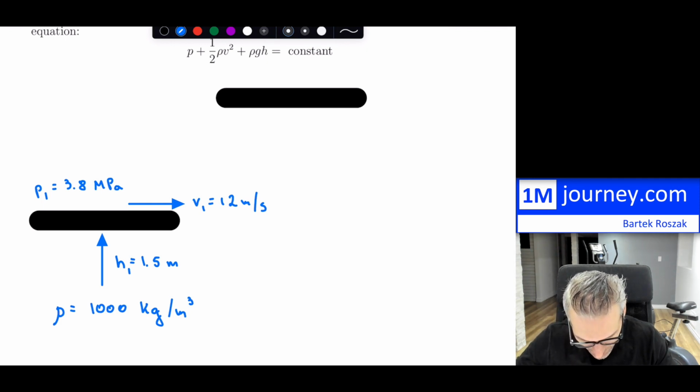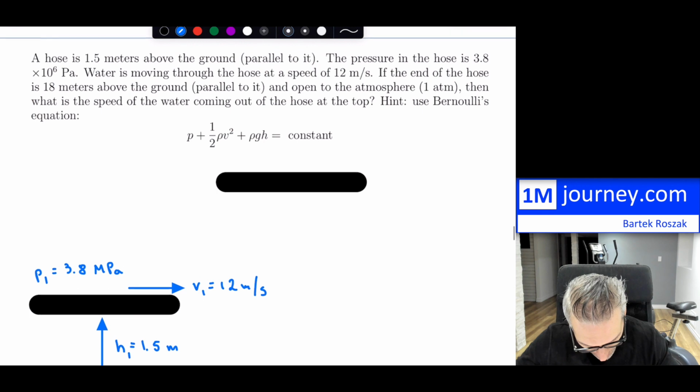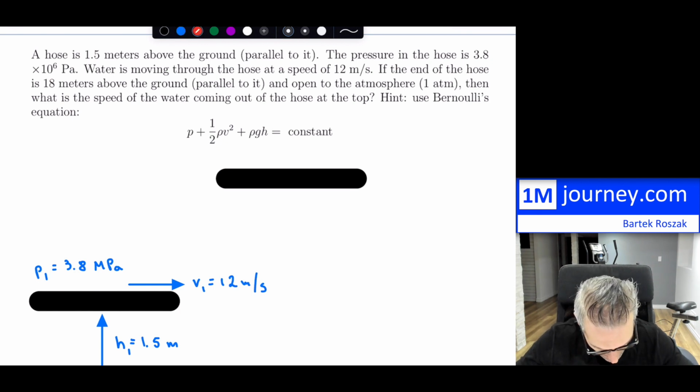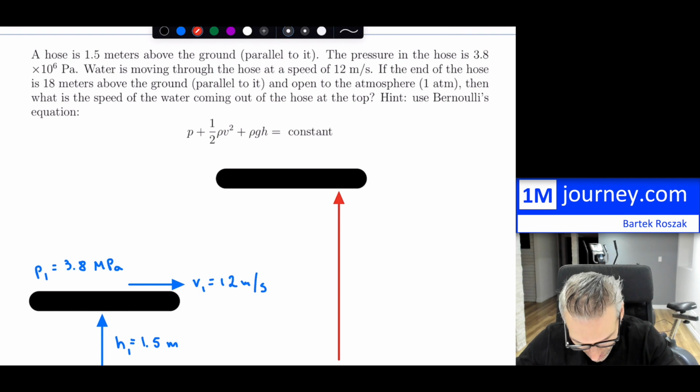And that density obviously will stay the same throughout. So now what it wants to know is the following. We have this hose which continues upwards, and it connects back, so it goes something like this.